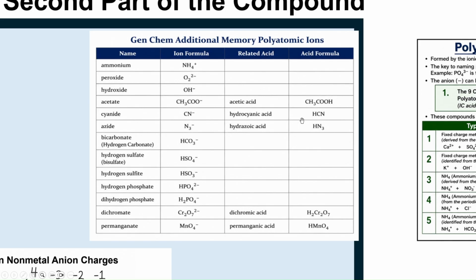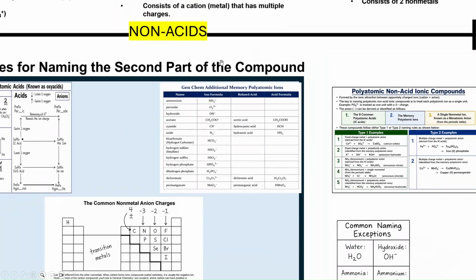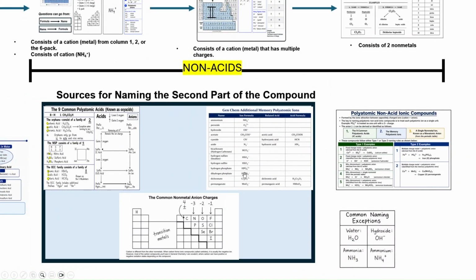And the last box that works as a source for naming the second part of the compound is what I call the memory polyatomic ions, which are these ones seen here in this first column. All three boxes are the sources for naming the second part of the compound that you need to name.